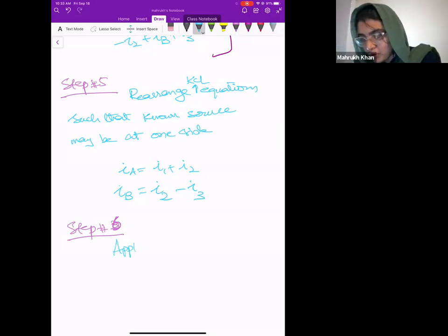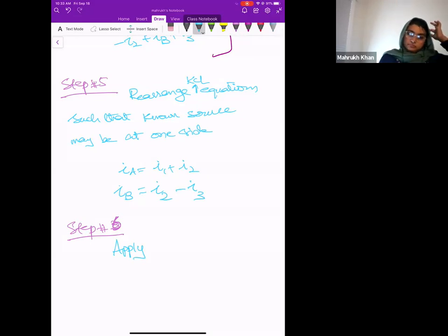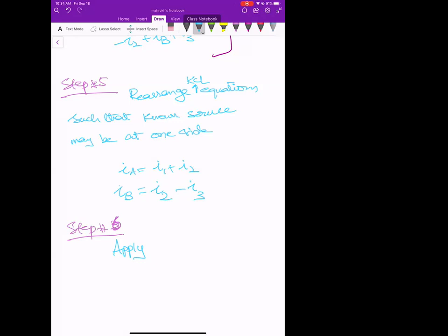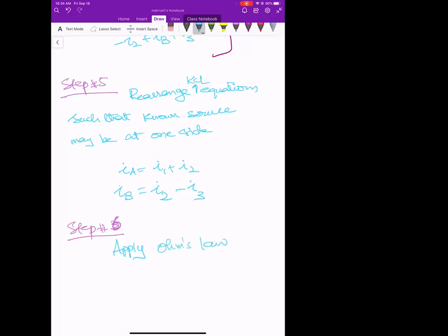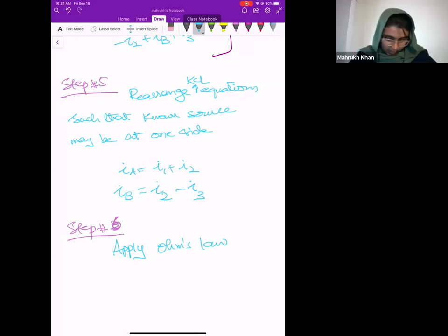What law or rule should I apply to bring V1 and V2 into the picture? Voltage law. Yes, Ohm's law, you mean, right? Yes, Ohm's law.